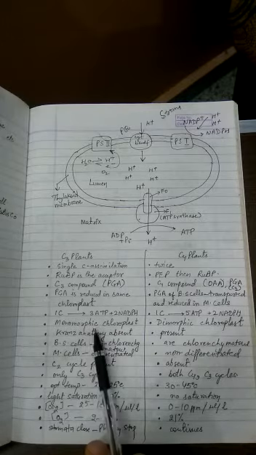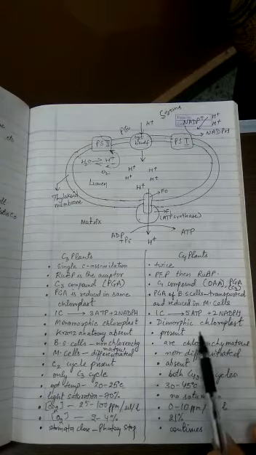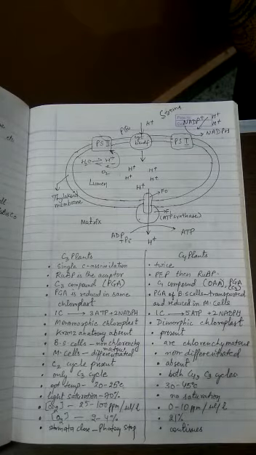There is monomorphic type of chloroplast in the C3 plants. There is dimorphic type of chloroplast in C4 plants, we have already covered. Then Kranz anatomy is absent in the case of the C3 plants. Kranz anatomy is present in the case of the C4 plants. Kranz anatomy means having a halo type of structure. The reason is that there are two types of photosynthetic cells: mesophyll cells, which are tightly packed, and bundle sheath cells, again tightly packed, and they are connected with the help of plasmodesmata.